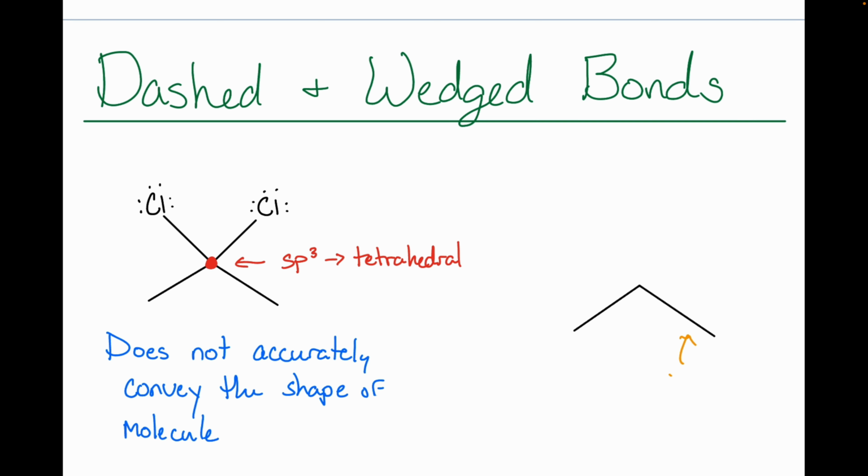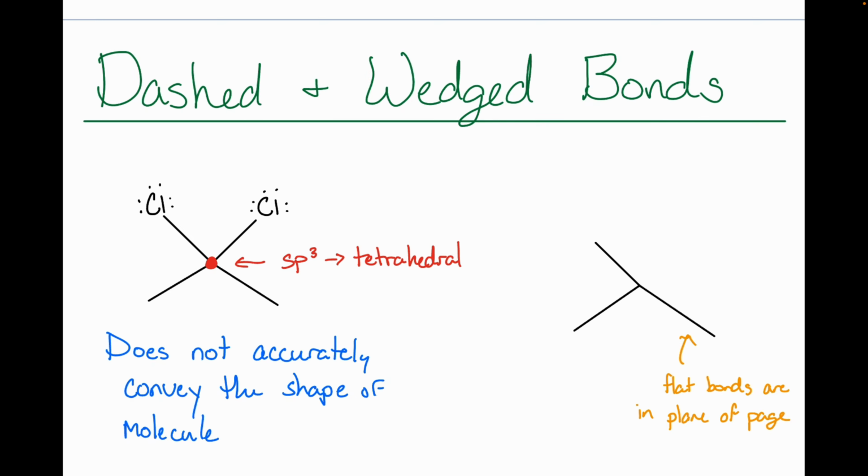So these flat bonds are in the plane of the page, plane being right down the middle. And then I'm going to show one of these chlorine atoms sticking out of the page.